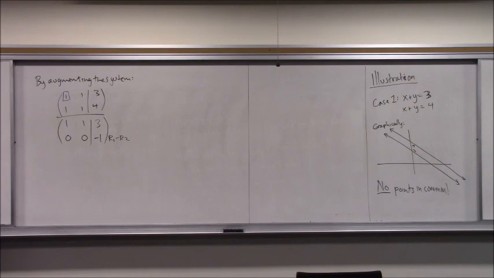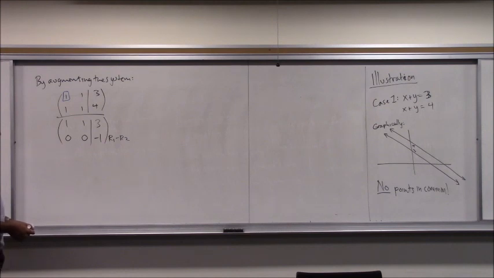Does anyone see what I'm talking about? Like this line here, what is it saying? Interpret that line. It means y is equal to -1?